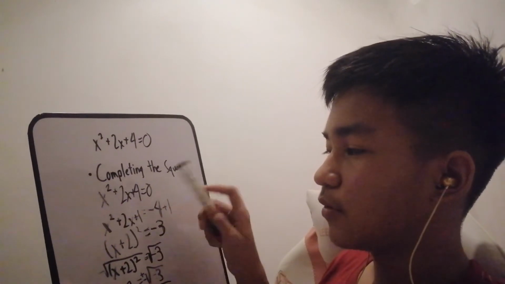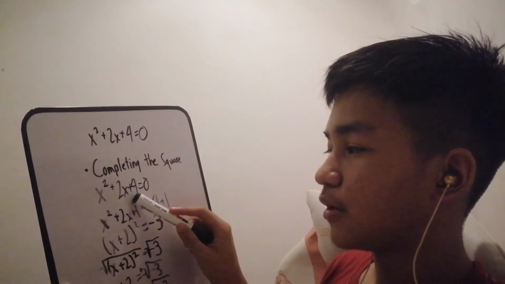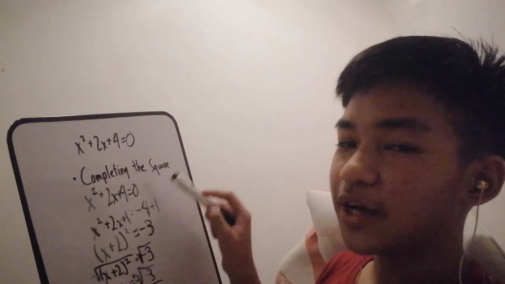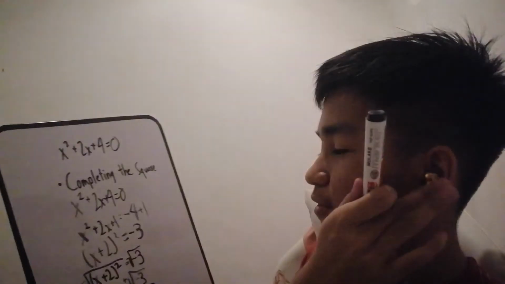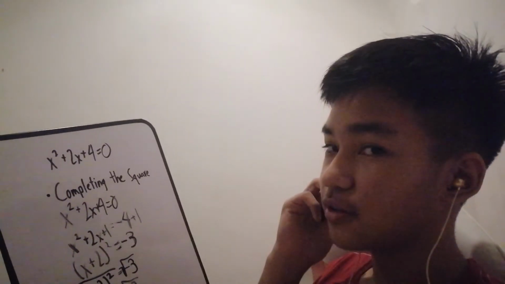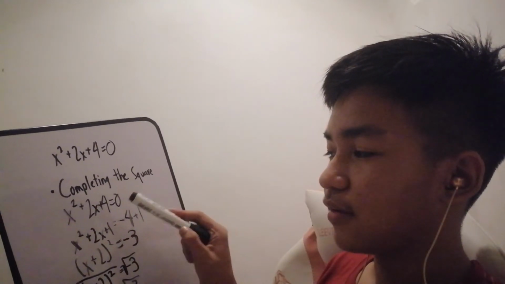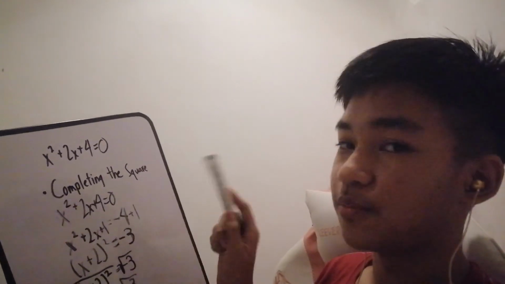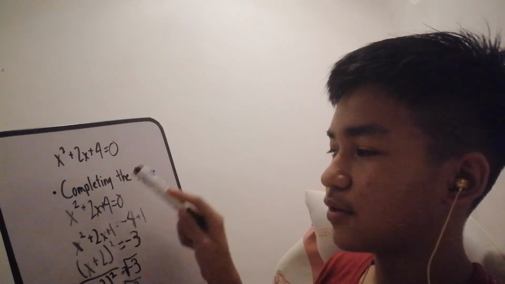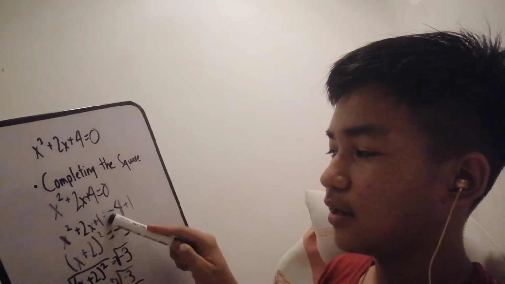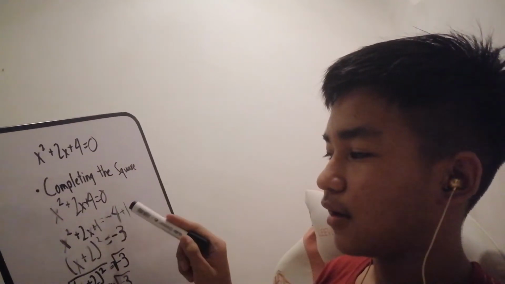And now, plus 4, or positive 4, will be thrown outside. If you switch the position of a number, its sign will be the opposite. So if you move the positive 4 outside, it will be negative 4.